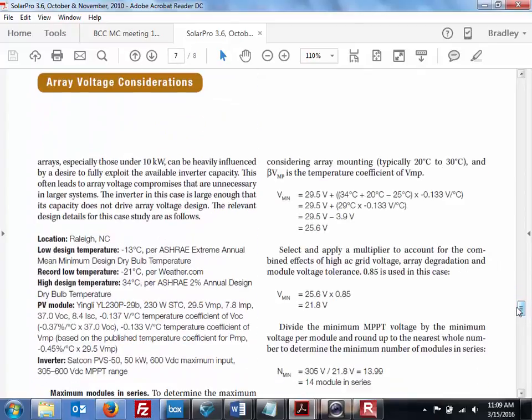Hopefully if you get into this field, these are things that you're going to learn on the fly anyway. You're going to be working under somebody who's done these calculations with specific panels before. They should have actual field data from arrays, and there are a lot of applications out there right now where you can get real-time feedback.